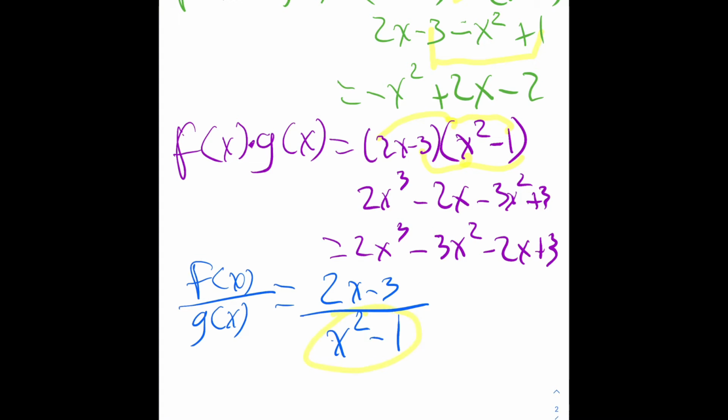But notice my domain: I can't ever have a 0 in my denominator. So x cannot equal 1 or negative 1, because 1 squared minus 1 equals 0, and negative 1 squared minus 1 equals 0. So those are the numbers that x cannot equal.